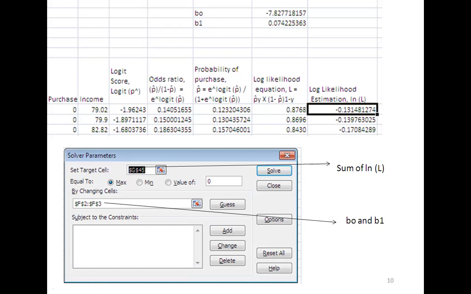And then you have to do the summation of the log likelihood. This sum should be maximum. Only when it is maximum, the model will converge, and it will give you the value of the beta coefficient, right? So that's the target cell: the summation of the log likelihood values, and then the changing cells are the beta coefficients. And then you solve, and you'll be given this one. Okay.